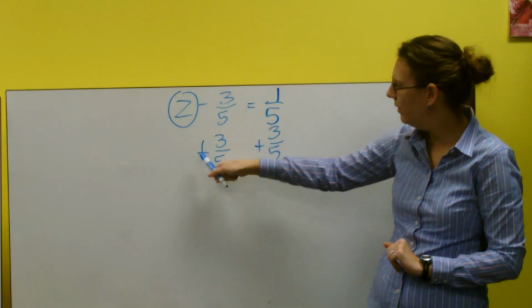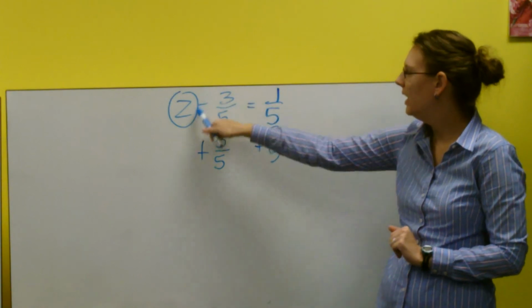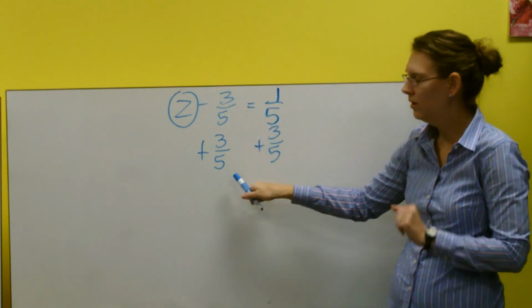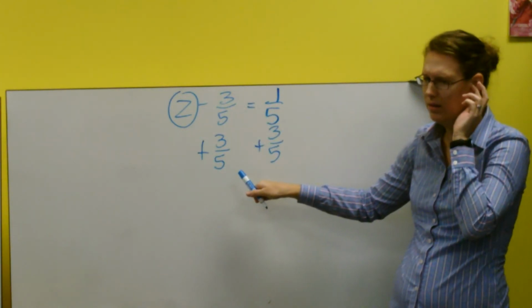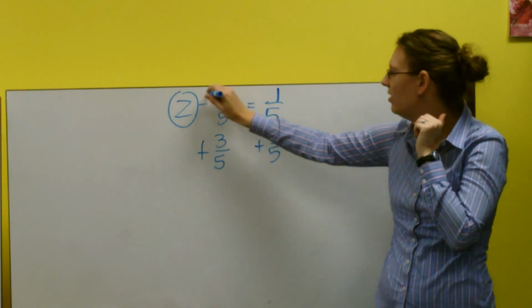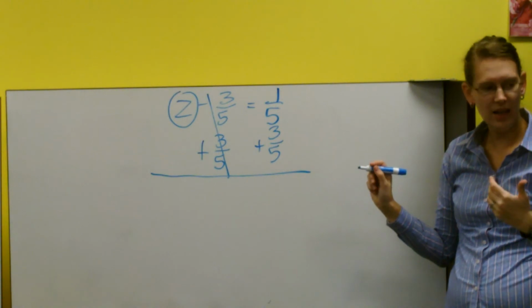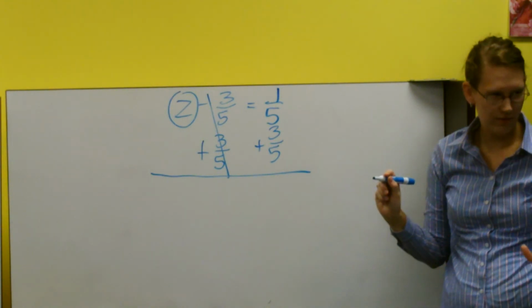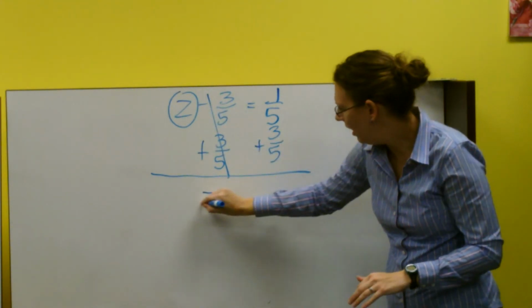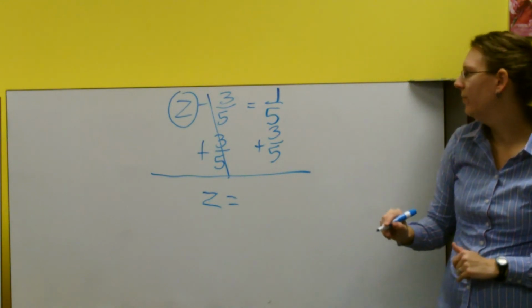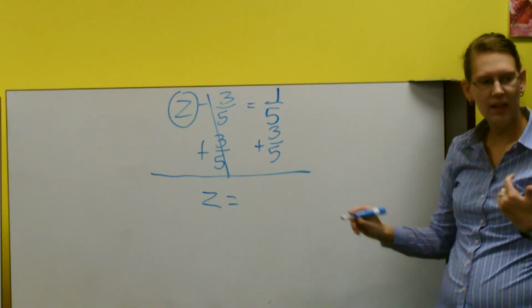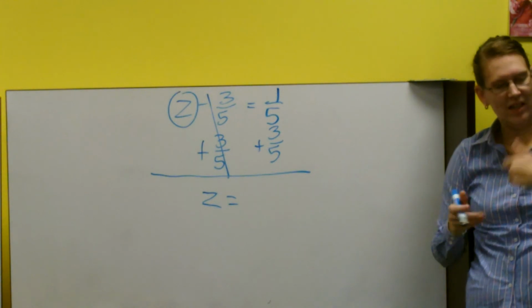Okay, so I've got minus 3/5 plus 3/5. So what happens here, Damon? What happens here? They cancel. Good. So if I draw my equal sign, like we do when we add things, Jamaica. So those cancel. I can just drop my z and equal. And now, Jamaica, can I add my right side?